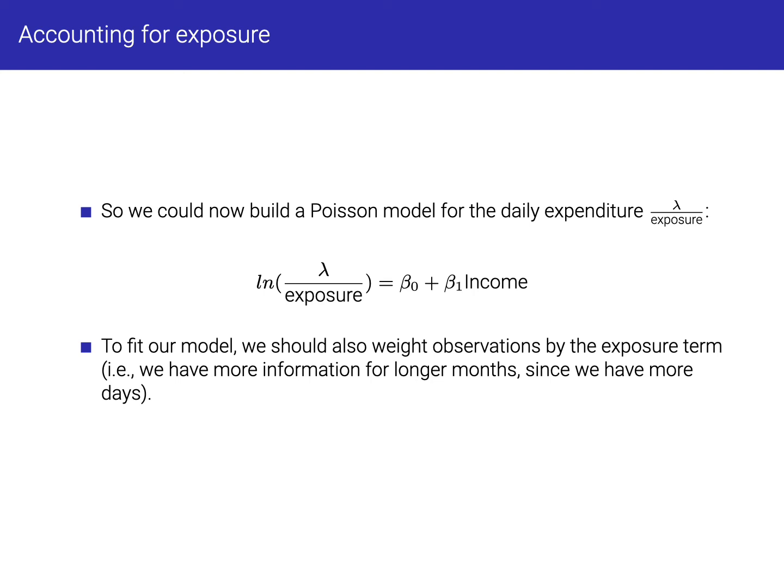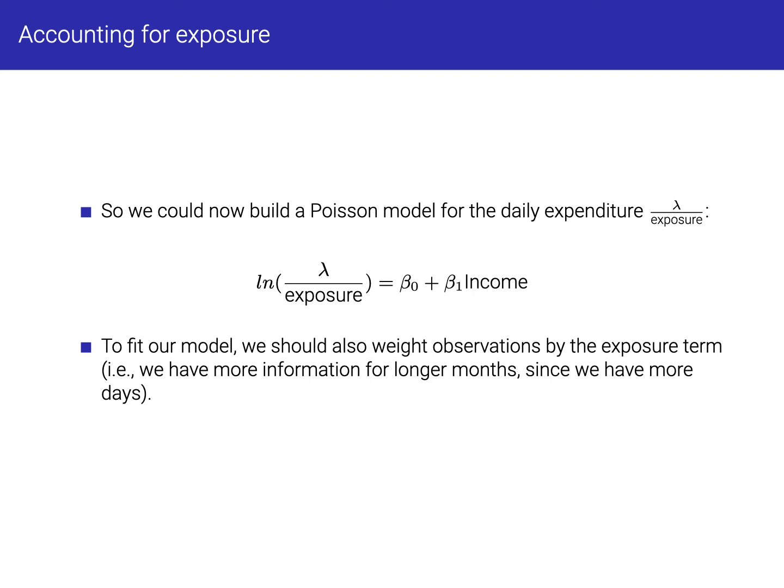So what we would do is, rather than predict the original rate, we would predict the rate divided by the exposure, so divided by 30 or 31 in this example. And so that's one way of solving the problem. Just use the same model, but rather than predict monthly expenditure, we now predict daily expenditure, and that accounts for the fact that we may have had different exposures.